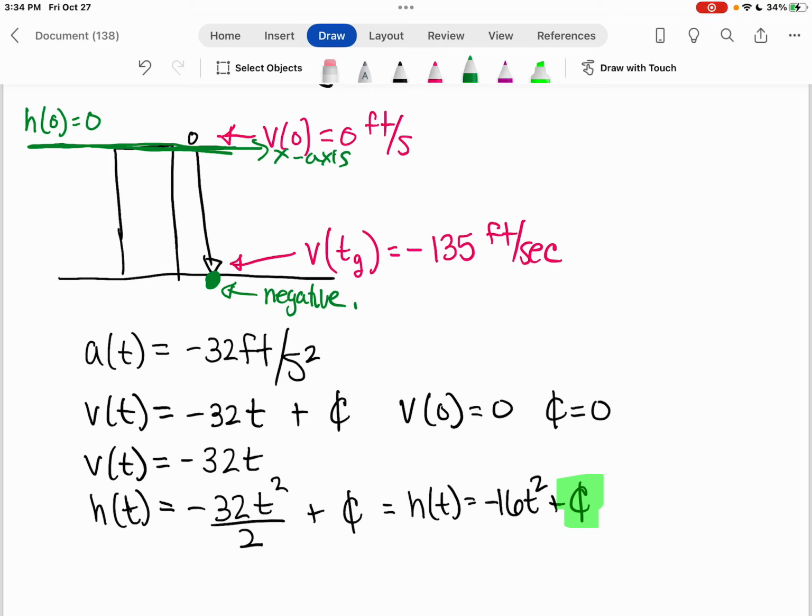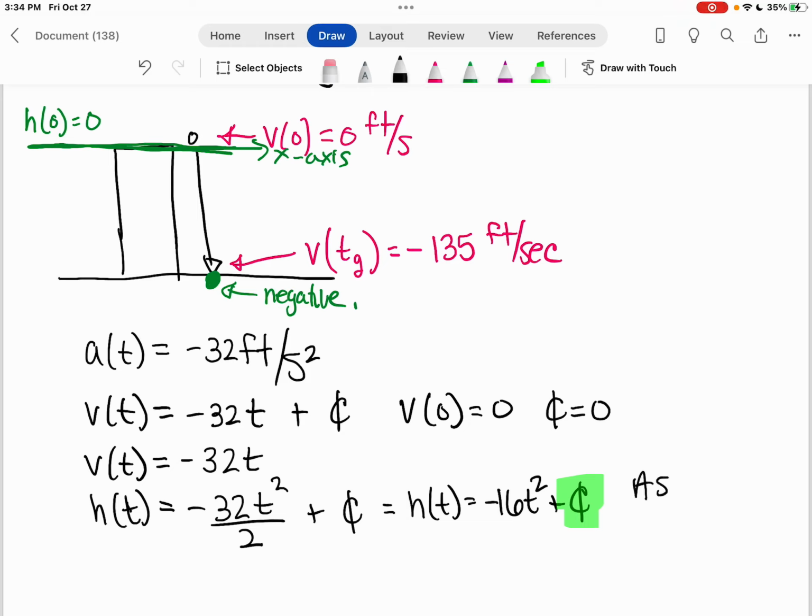But by starting it here and making an assumption that we're starting at 0, the height will be 0, then that constant is going to be 0. If our initial value is 0, that means we're plugging in 0 for t, 0 for h, so our constant will be 0.